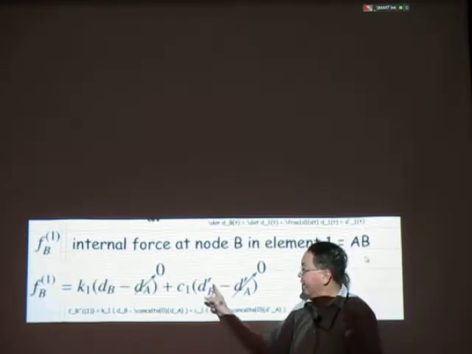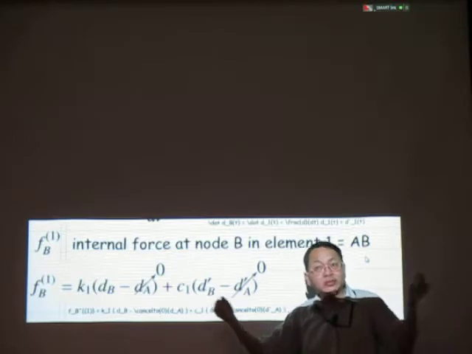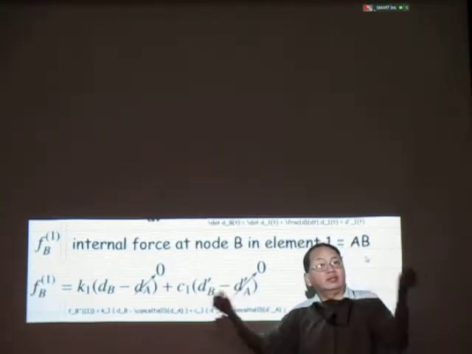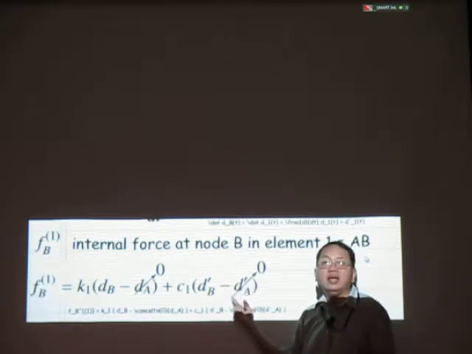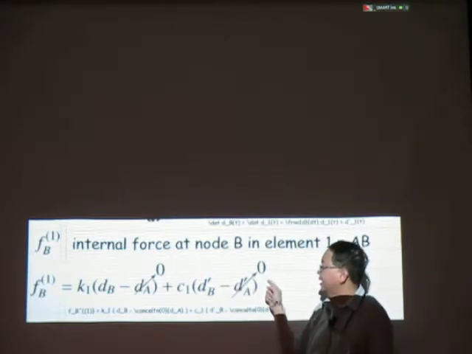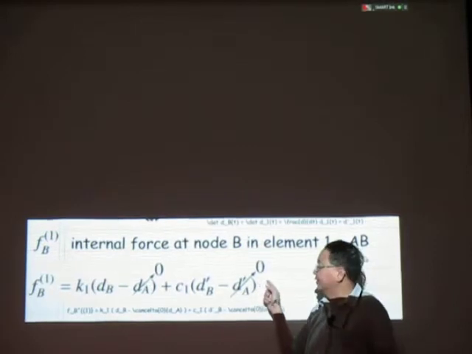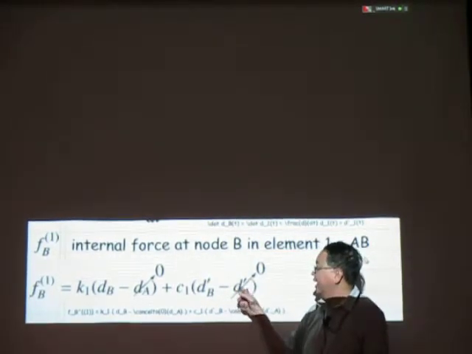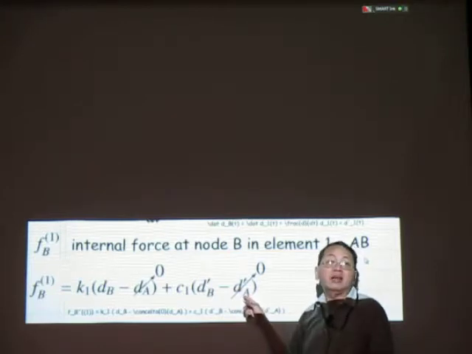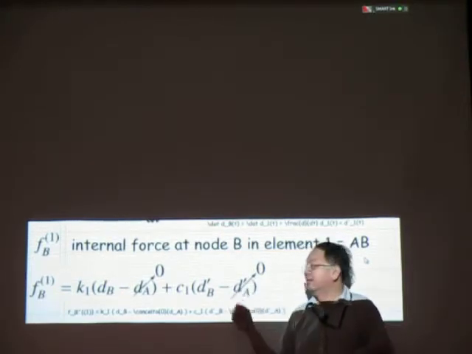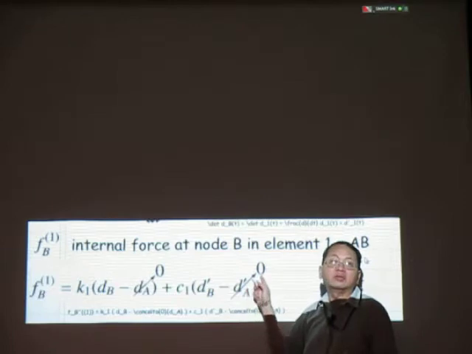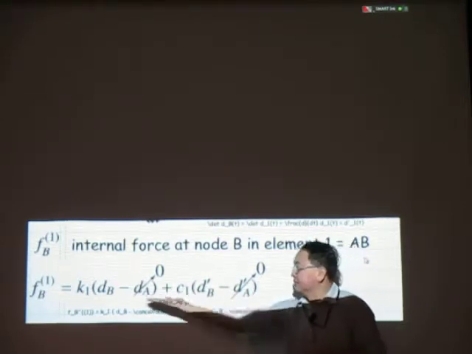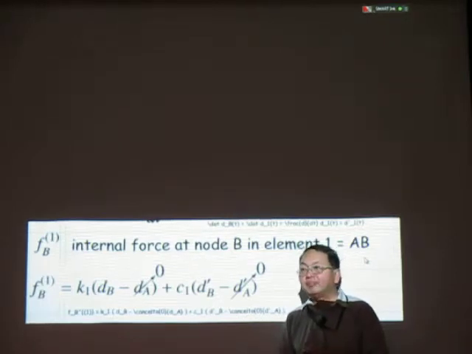The displacement here has a derivative, so this is the velocity, okay? And also you take the derivative of the stretch, that's dB minus dA, and then take the prime outside that, because this is a linear operator, so you bring the derivative inside the parentheses. And again, because the displacement at A is fixed, the velocity at A is also 0. Okay, that's why you have this expression.